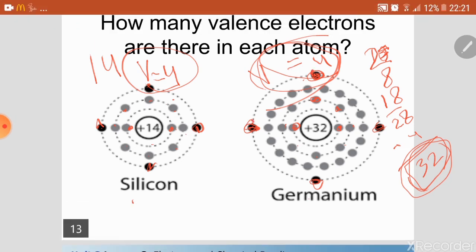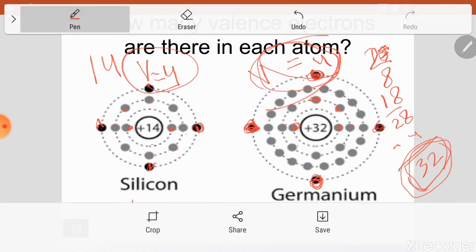Only the outermost energy level's electrons can move out of the atom, or this energy level can receive some electrons. So the atom can receive, give, or share. All of this you will learn in the next lesson.